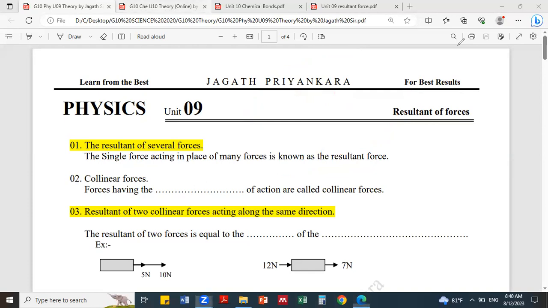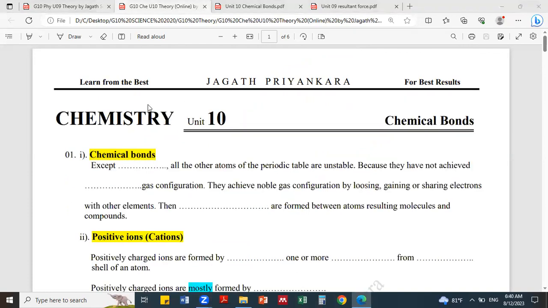Remember, you can't understand this lesson if you have not done the third lesson properly. In chemistry, if you have not done the previous lessons properly, you'll find this lesson difficult.